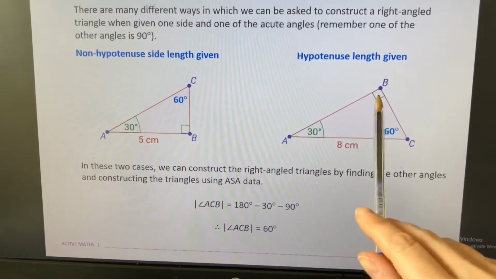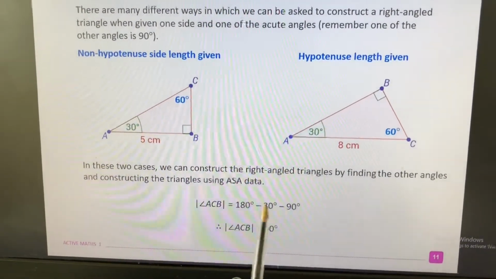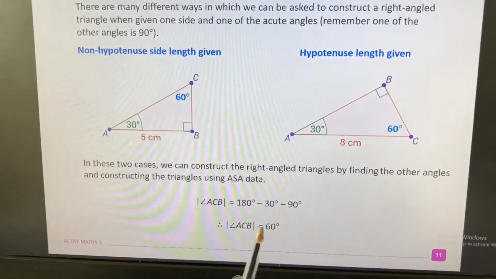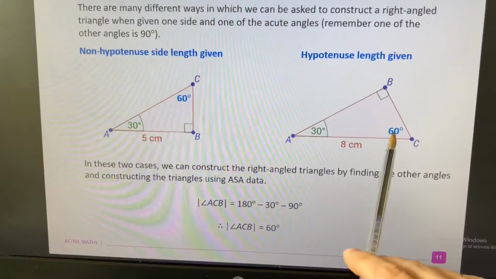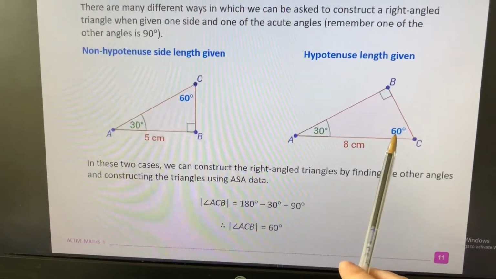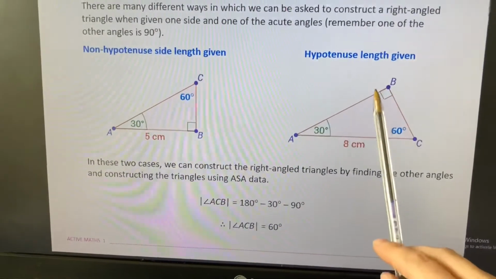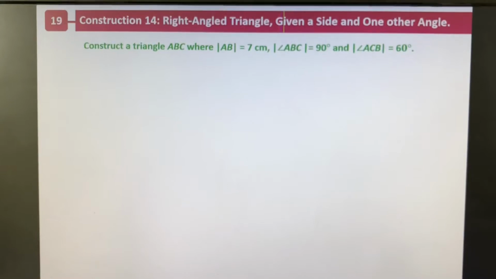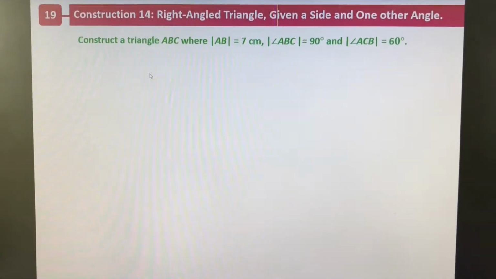The right angle being 90 and this 30 that we're told in the question. So 180 take away 30 and 90 means that that missing angle is 60. So I'm actually going to construct the triangle using these 2, but remembering that I must label my 90 degree once I've finished. So let's have a look at one being done from scratch.